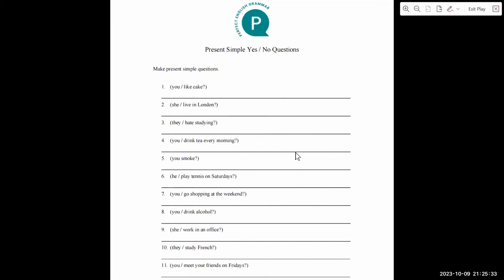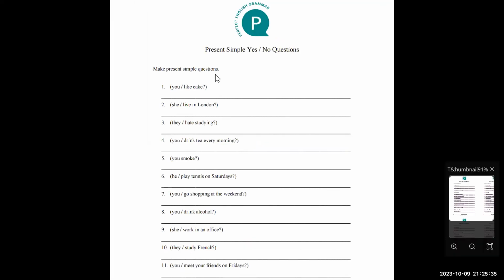So there you go. Make present simple questions. These are questions answerable by yes or no. It's still easy. The same thing as what you did a while ago, okay? Okay, let's start.